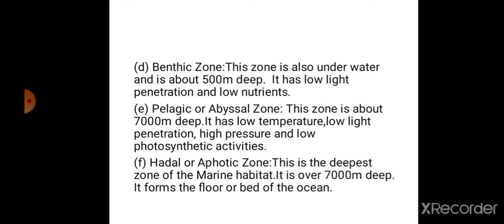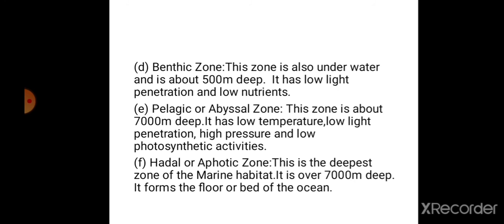It has low light penetration and low nutrients because the depth has deepened, so there is no more high penetration of sunlight. That is why the nutrient is low and the penetration of sunlight is low, because it has gone deeper than the littoral zone.